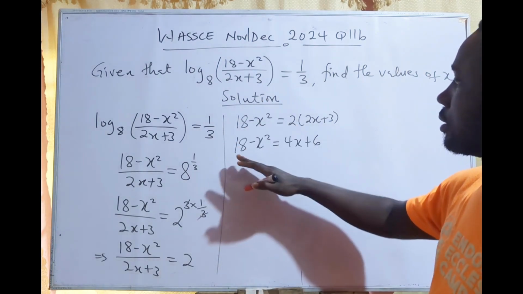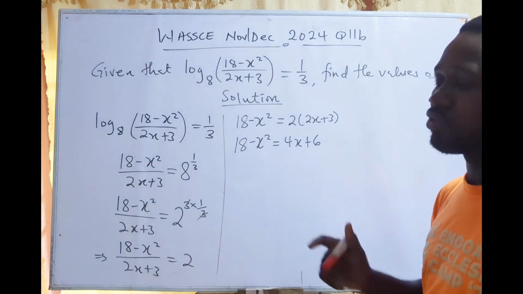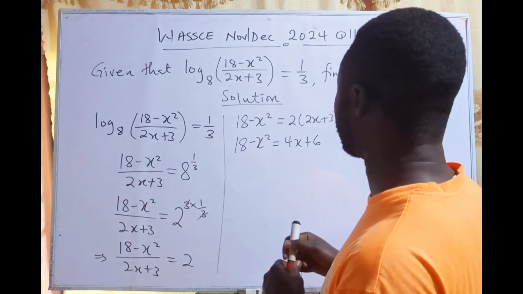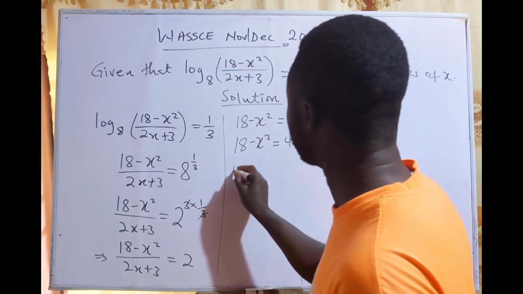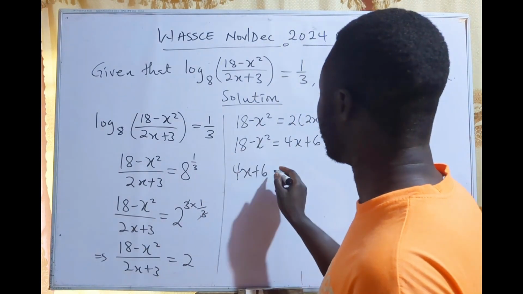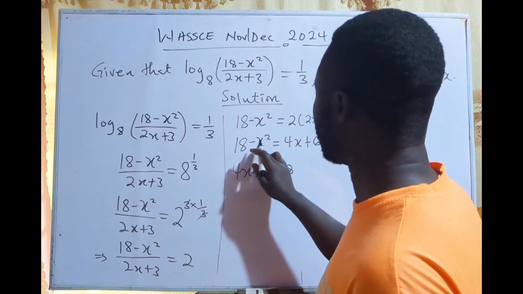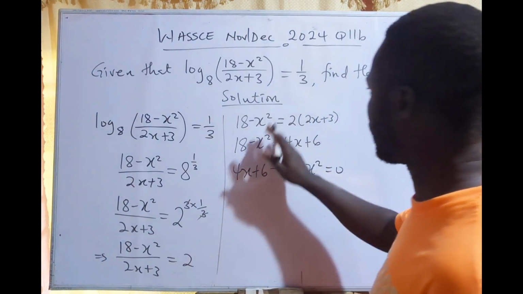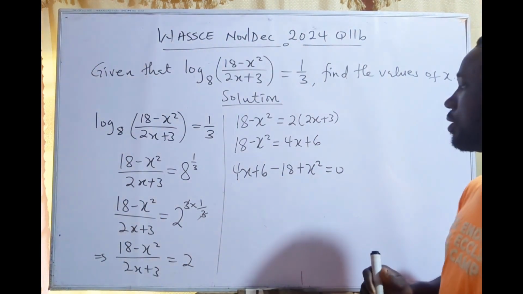So let's take this to this side, so that the coefficient of s squared will be positive. Already we have 4s plus 6 on this side, so 18 becomes minus 18, and minus s squared becomes plus s squared, equal to 0.